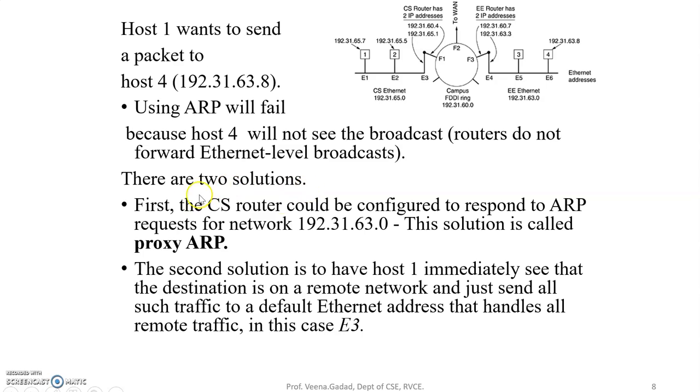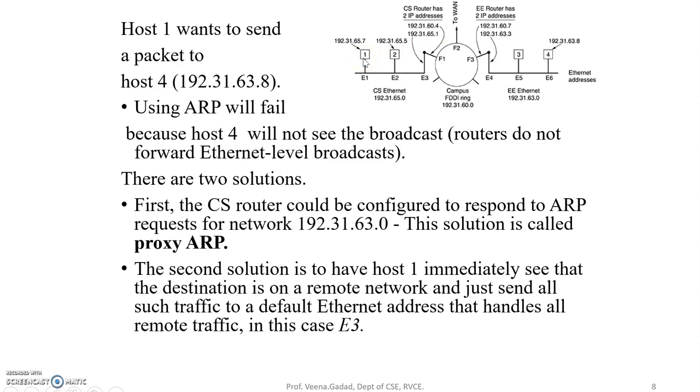Now you have two solutions. The first one is that the router could be configured to respond to the ARP request, and this solution is called proxy ARP. That is, whenever host 1 wants to send a packet to some other different network, right?